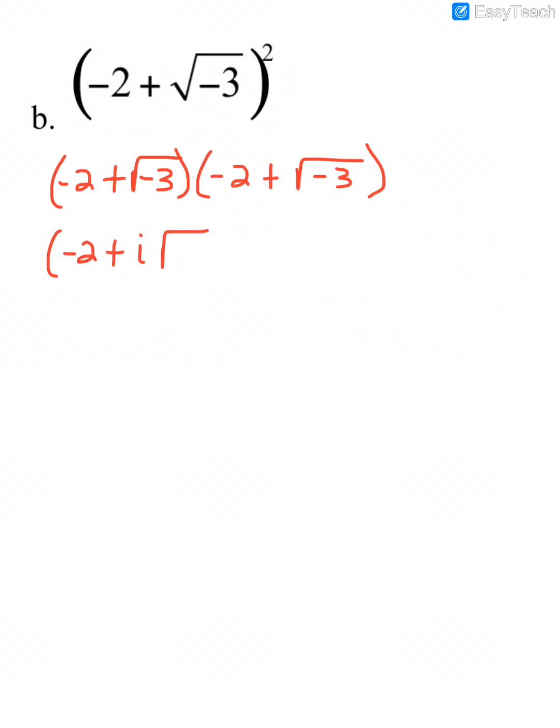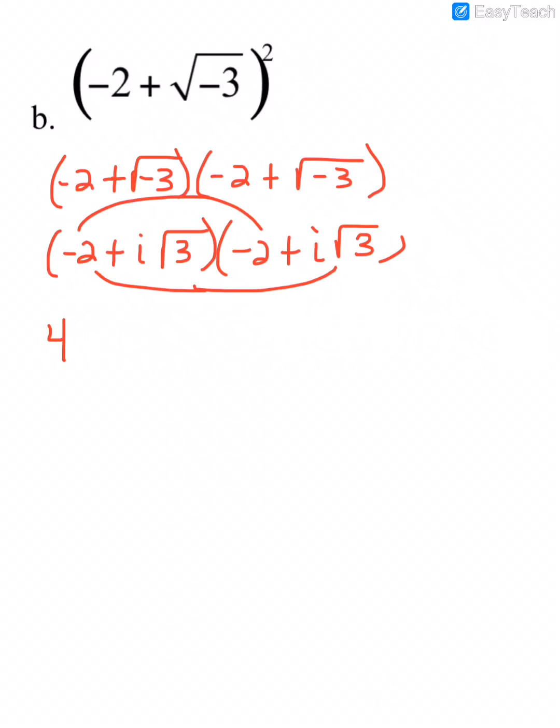Okay, so I'm going to take these negatives out as i's. And then FOIL. Okay, so now that gives me a 4. And this would be negative 2i square root 3.